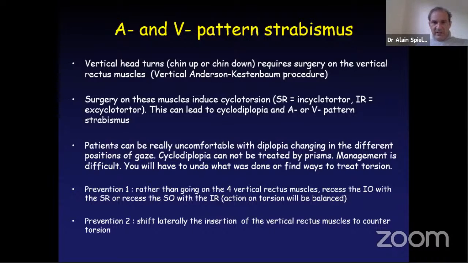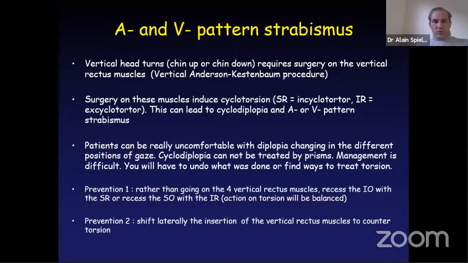To prevent this situation, rather than going on the vertical rectus muscles, you can operate on the inferior oblique, recess the inferior oblique muscle combined with the recession of the superior oblique, or you can recess the superior oblique muscle combined with the inferior rectus muscle, so that the torsional action will be balanced.